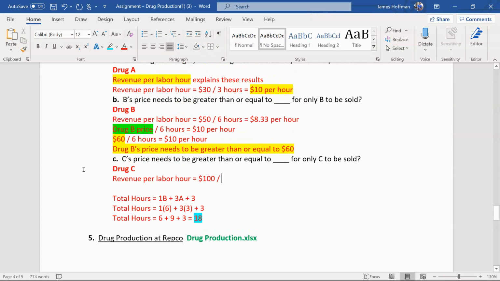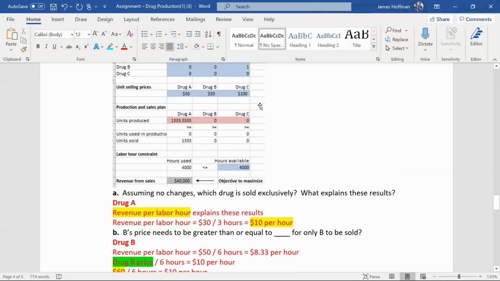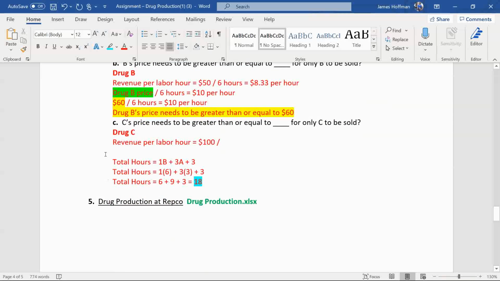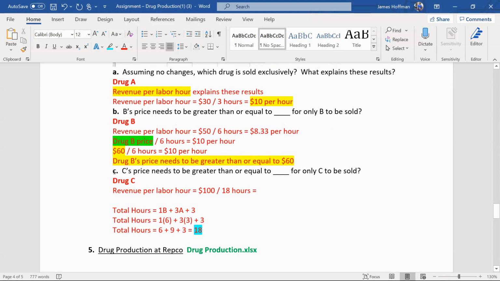Okay, so we know that it takes, for revenue per labor hour, drug C is being sold at 100, and we figured out now that it takes 18 hours. Okay, what is 100 divided by 18?